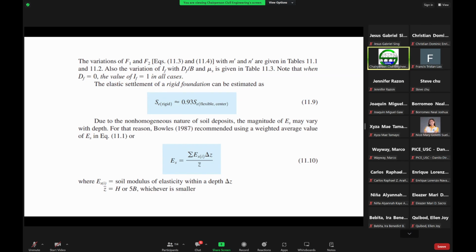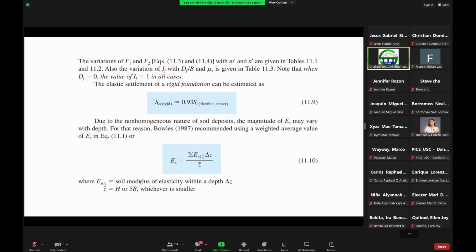When we prepare geotechnical reports, we normally prepare what we call an idealized ground profile, wherein we try to group different soil materials for us to be able to provide their corresponding Poisson's ratio and elastic modulus for the settlement calculation.